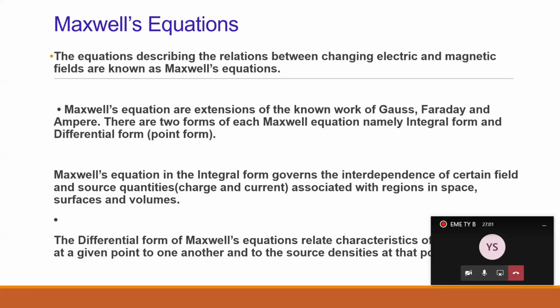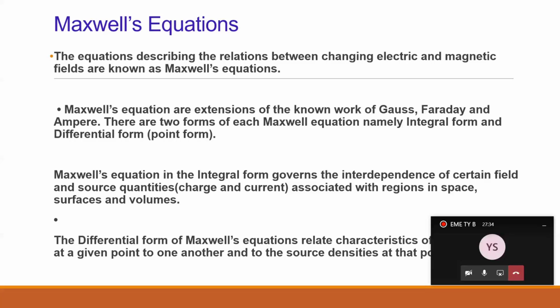It is not actually Maxwell's equation, but from this equation we are going to derive the main part of Maxwell's equation, and hence this is known as an integral form. When integration comes, it is known as integral form of Maxwell's equation.